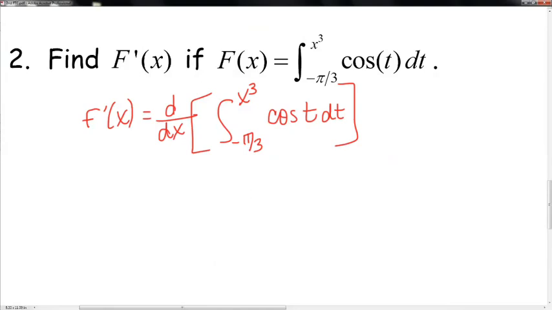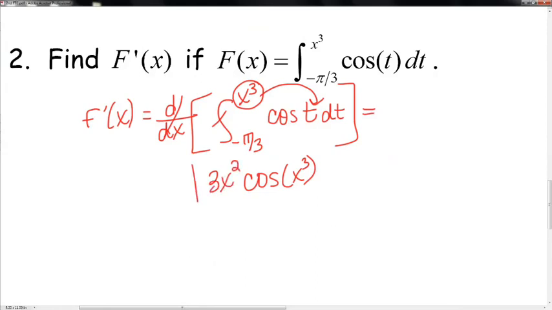And so if you want to think about it again, that means my integral and my derivative are going to cancel. I'm plugging in x to the third, but I have to use the chain rule. I need to multiply by the derivative of what I'm plugging in. And so I'm going to have cosine of x to the third, but again I need to multiply by the derivative of what I just plugged in. So I need to multiply by 3x squared.